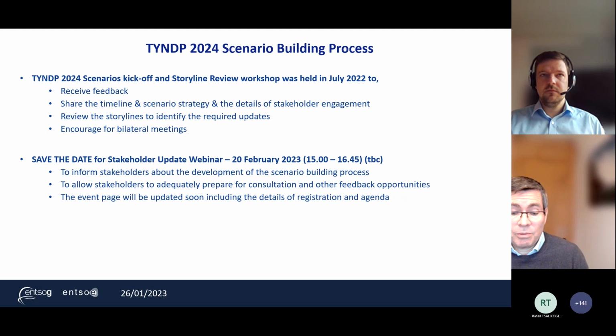Looking at this process in scenario building, we're also having the next stakeholder engagement, where we'll have a webinar on February the 20th, where you are all invited to look at where we are, what the possibilities are to change, and how to pick up further.